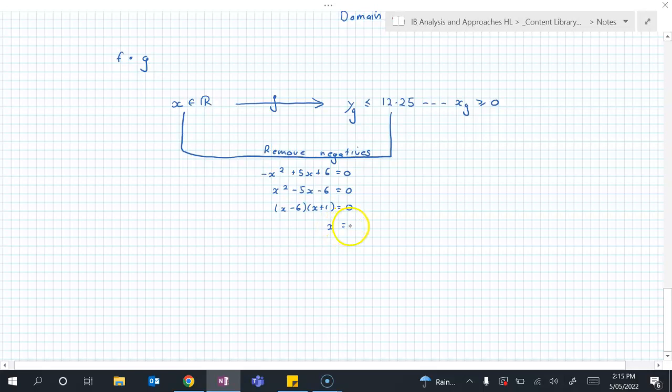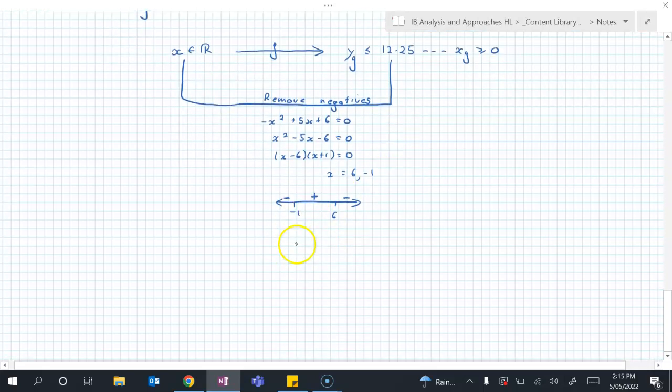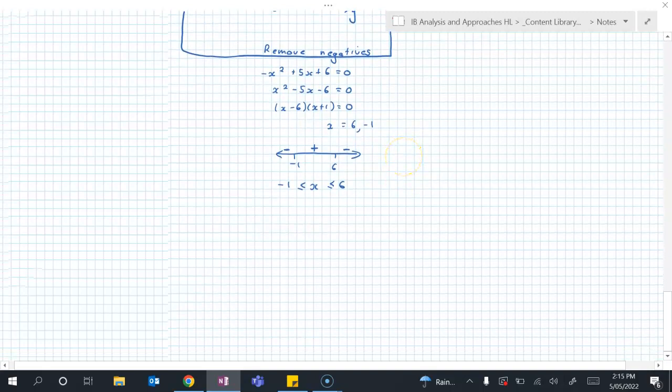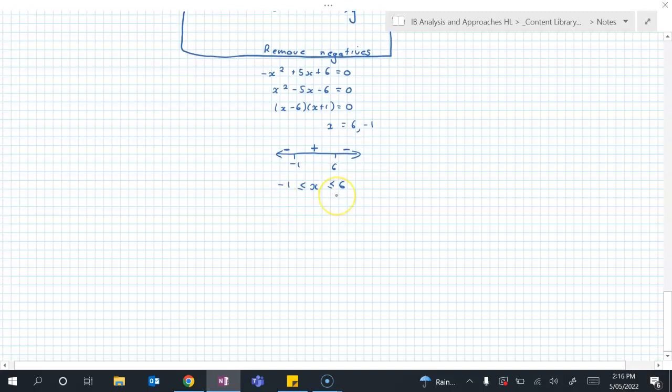So the values will be 6 and minus 1. Now if I've got a downward facing quadratic, then it will be negative on the outer edges and positive in the middle. So the only values I want are x less than or equal to 6 and greater than or equal to minus 1. Those are the only values that are going to give me positive values when I put them into f. So my domain becomes x less than or equal to 6, greater than or equal to minus 1.